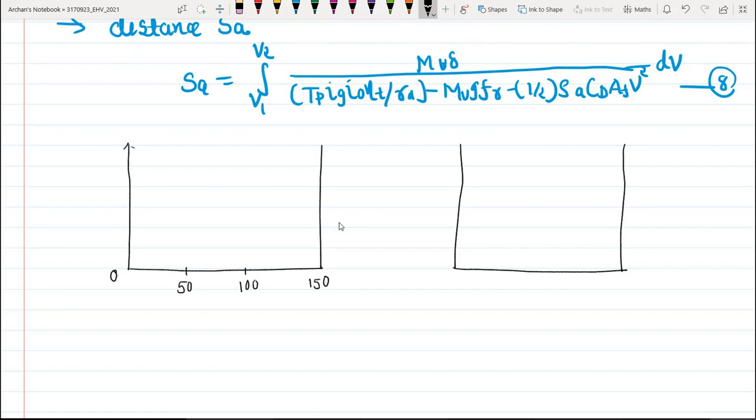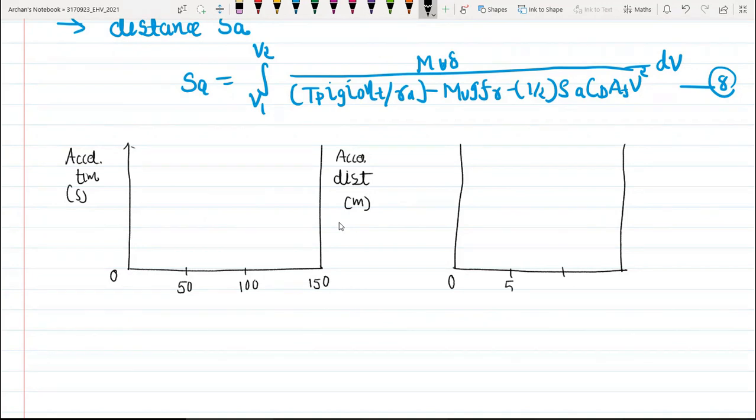Then on this axis I will use acceleration time in seconds, and on this axis I will take acceleration distance in meters. Same is the case over here.